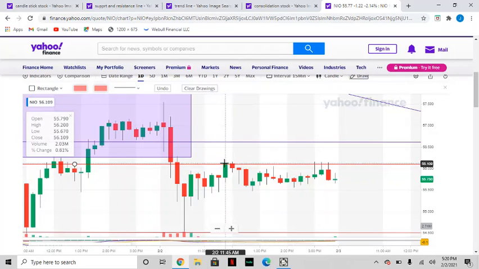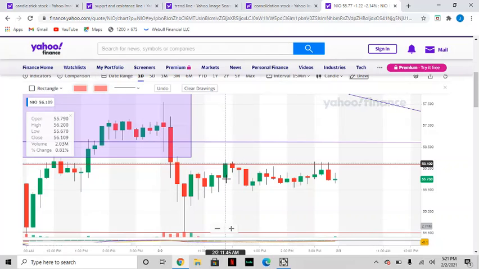The open would be down here at the bottom of the candlestick at $55.79. And then we have the low, which is the bottom of that candlestick on the wick there. And the low for that was $55.67.